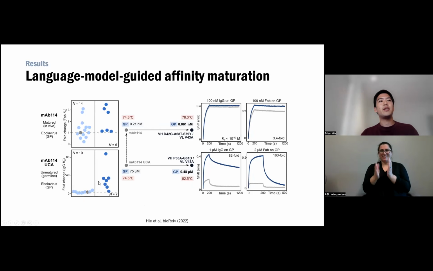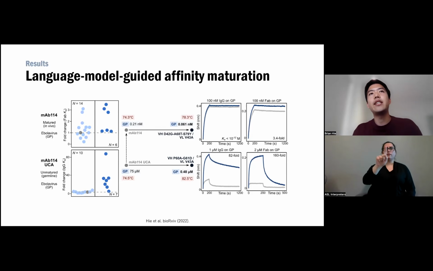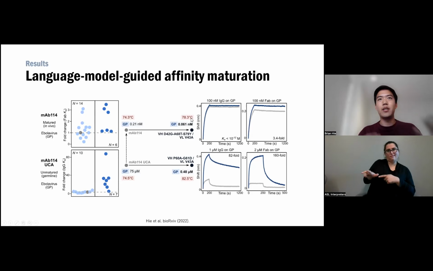They're laid out similarly to METI. So for MAB 114, we get up to a 3.4-fold improvement of this antibody against the glycoprotein of Ebola virus. And in this case, maybe the thermostability is also improving by a little bit.